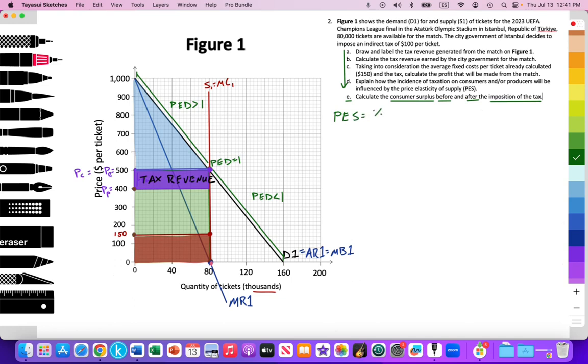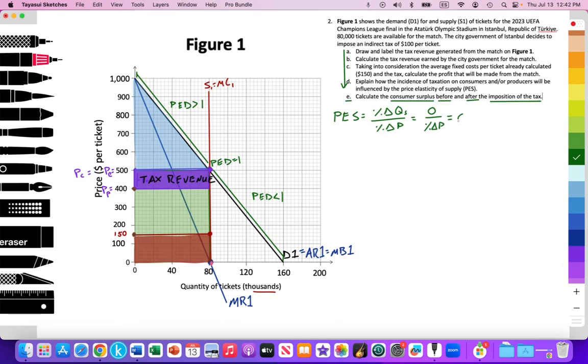which is representing the percent change in the quantity supplied divided by the percent change in price. And since we have a fixed number of seats available within the stadium, 80,000, there's going to be no change to the quantity supplied. So we have a value of 0 divided by any change in price. I can raise the price up or down, and it doesn't mean that we're going to build or destroy seats in the stadium.